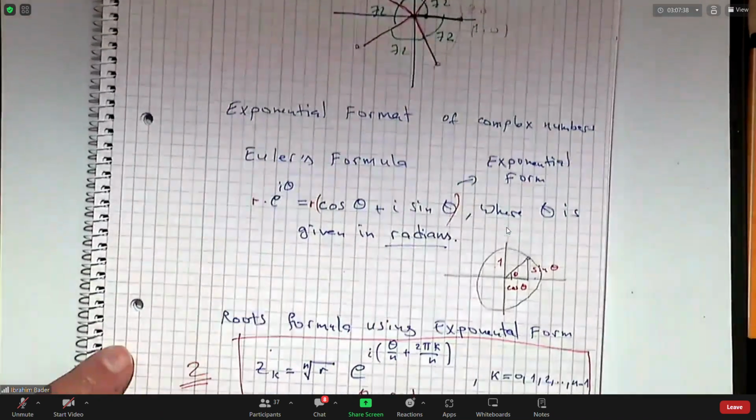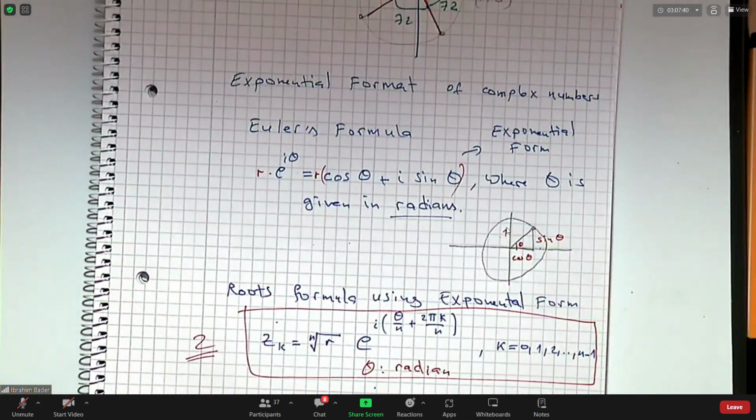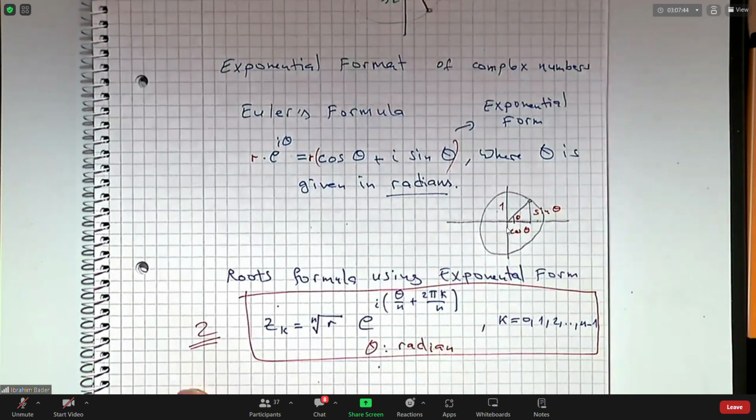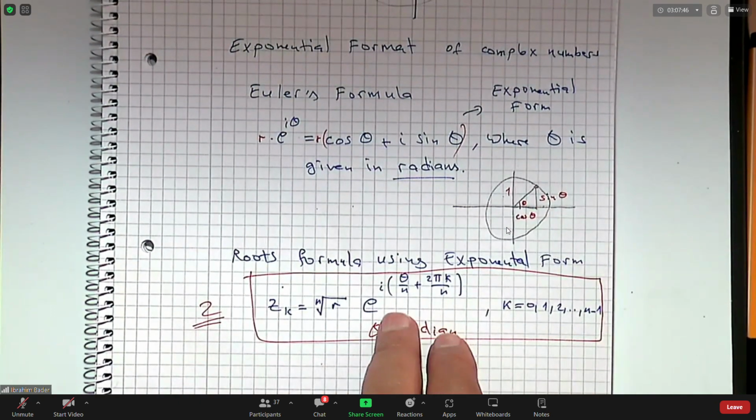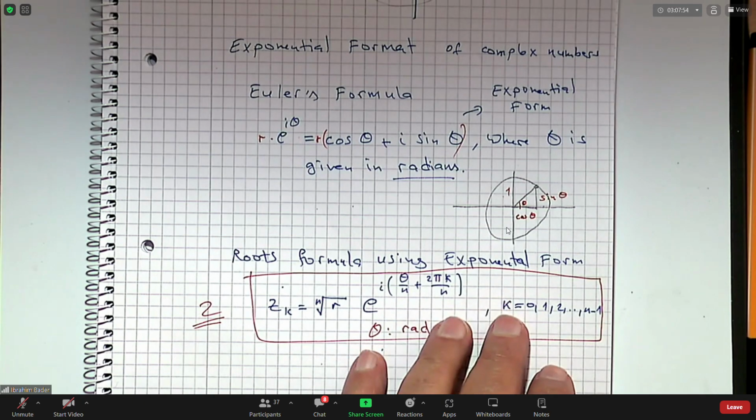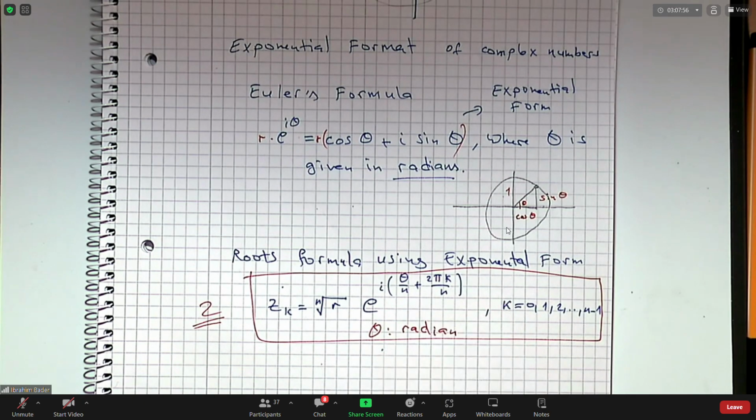Both are equivalent, so it's up to you which one you feel more comfortable with. For instance, if we want to use this, what was the angle in the previous question? 5 pi over 6, I think, right? 5 pi over 6.